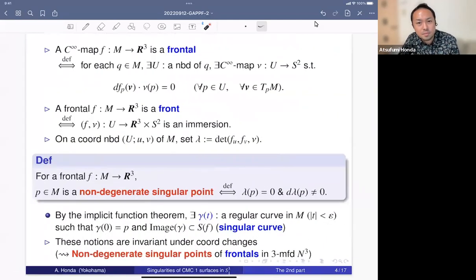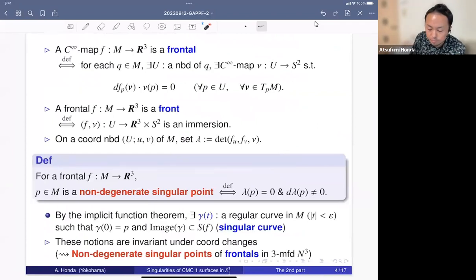So let's start. First, I have to explain what a non-degenerate singular point is.